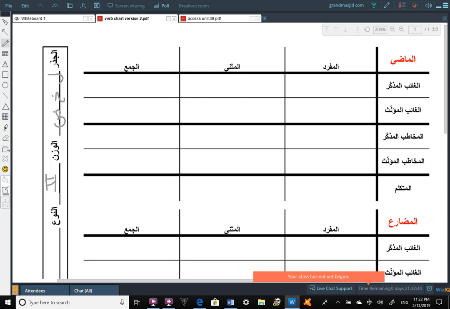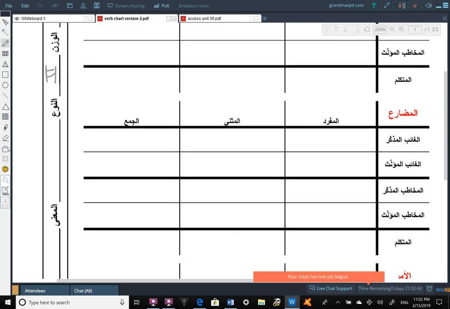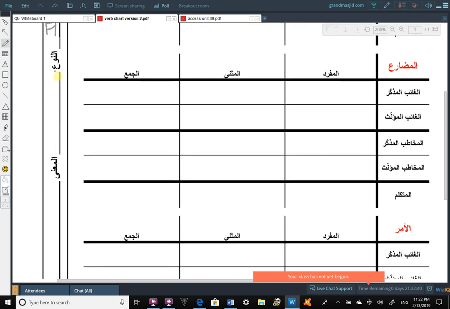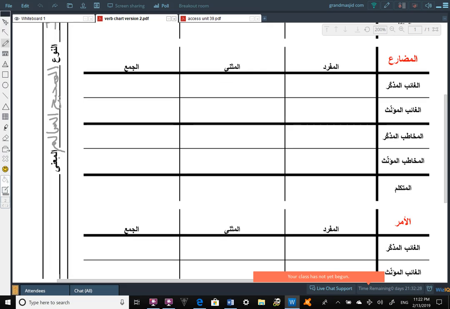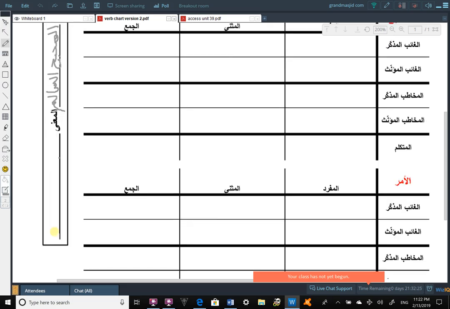Its type is a Sahih, a Salim, and its meaning is to summarize or abridge.